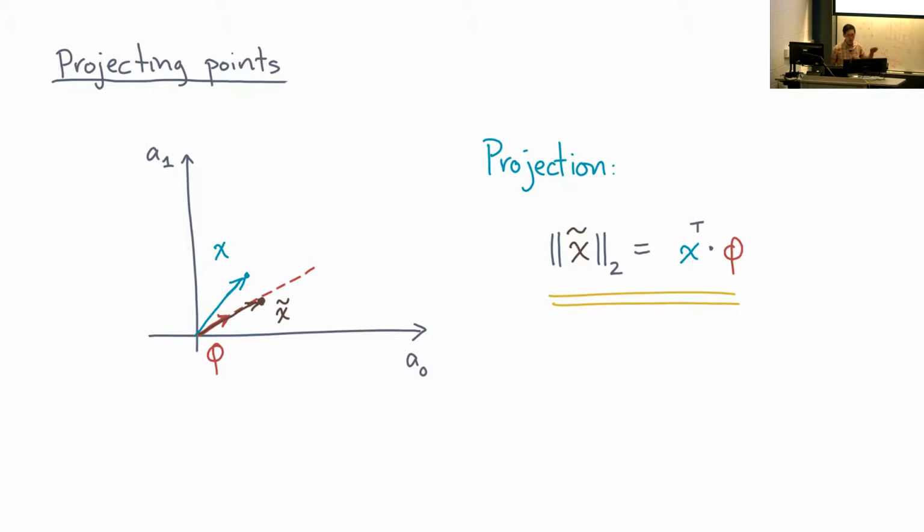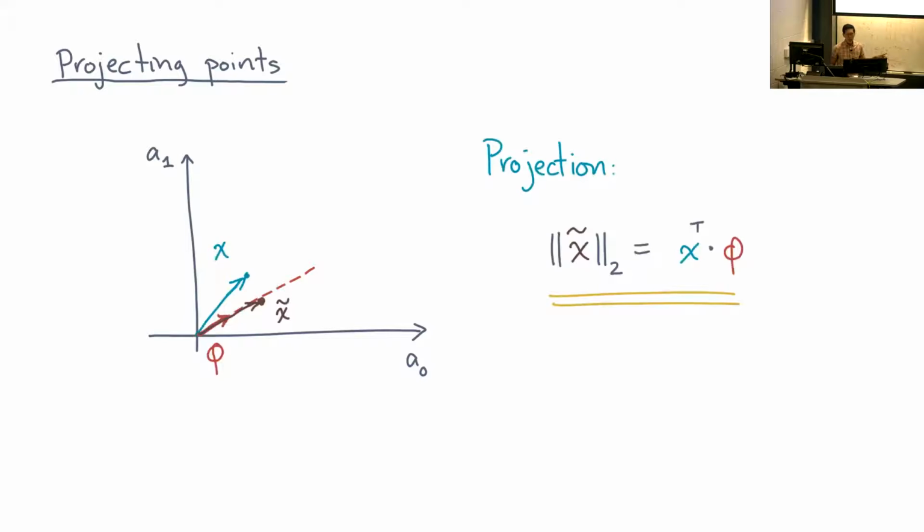So phi has Euclidean, or 2-norm, length equal to 1. Given the 2D coordinate representation of phi and of the original point, the length of this brown vector, the length along the red line, is just x transpose phi. That's just a linear algebraic fact.